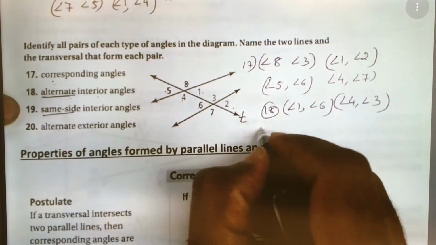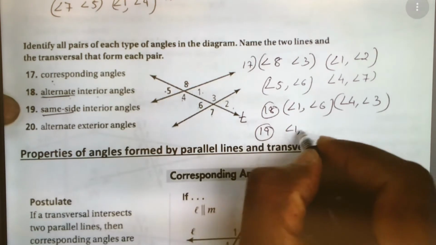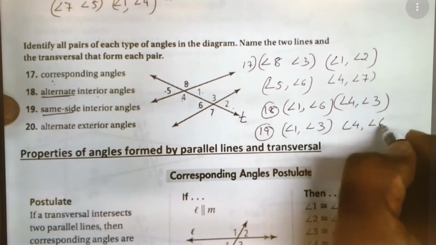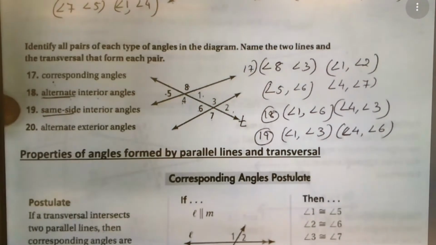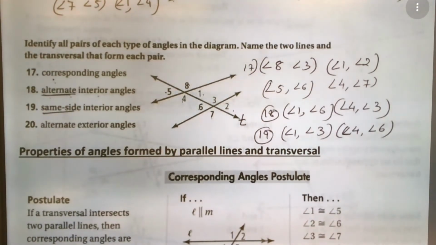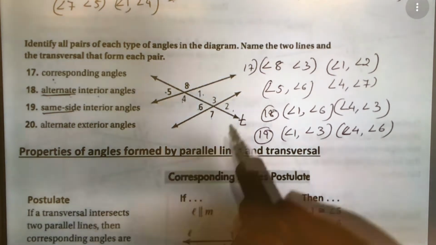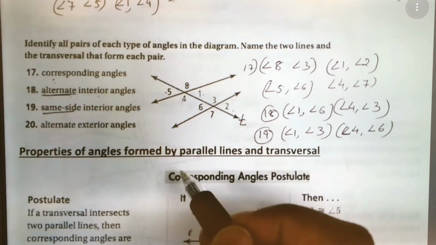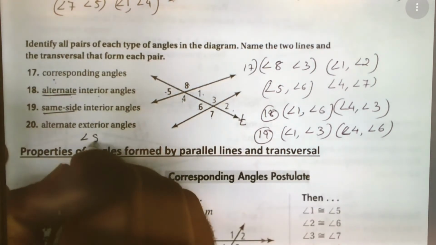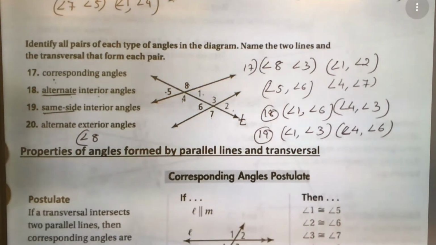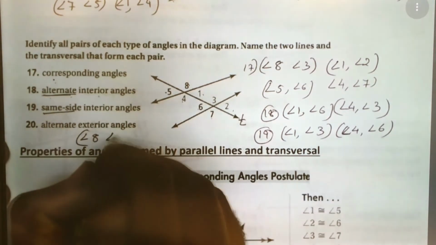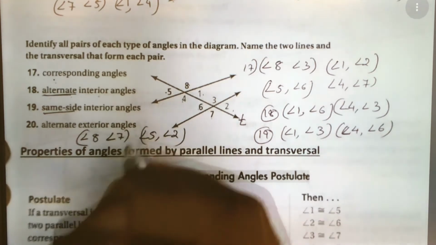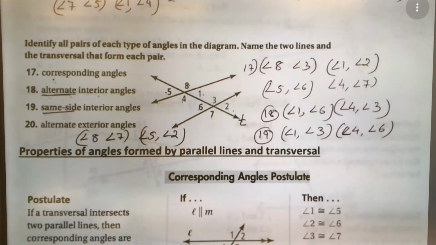So the answer for number 19 is angle 1 and angle 3, the first pair, and angle 4 and angle 6 is the second pair of same side interior. Next one is alternate exterior. That means on both sides of the transversal line and outside these two cutting lines. So if you take angle 8, the alternate exterior of angle 8 is angle 7, and the next pair is angle 5 and angle 2. So I hope you have got all the answers correct.